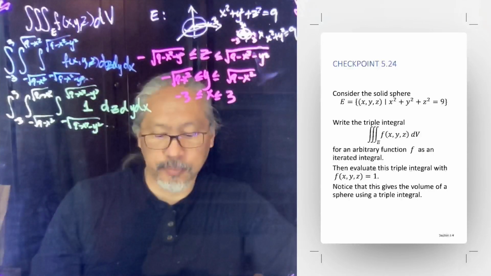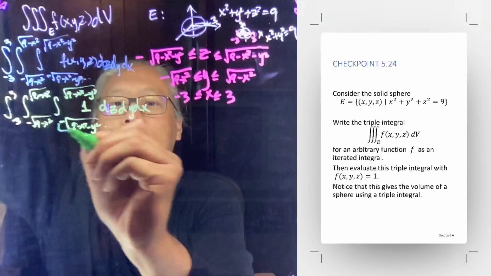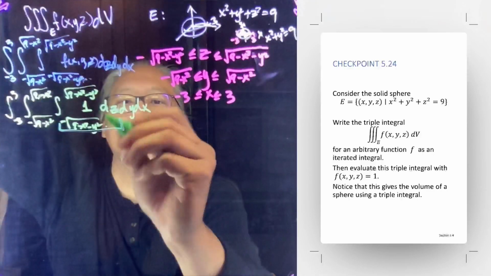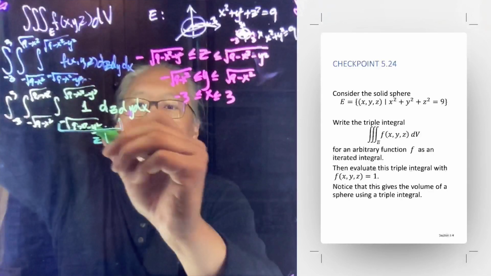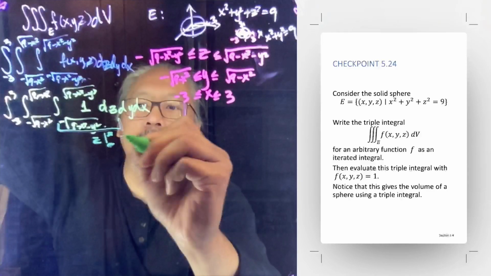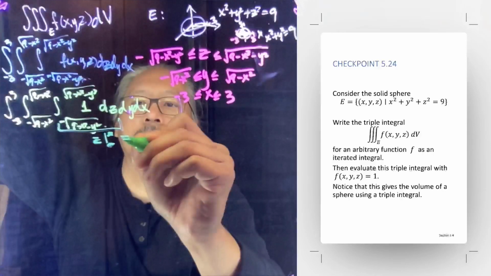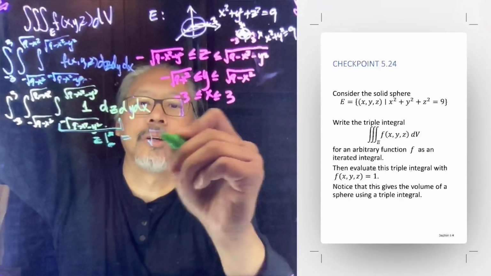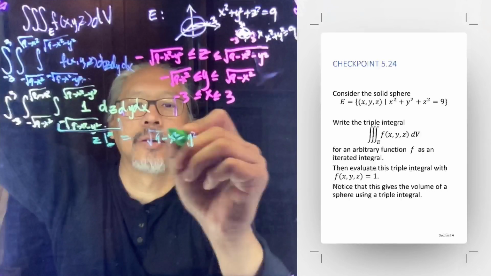Okay, let's integrate this with respect to z first. With respect to z, it's just going to be z, because the integrand is 1. And we're going to evaluate this at these limits, so I'll just put a couple of stars there. In any case, you put this for the top limit, you're going to get the square root of 9 minus x squared minus y squared.